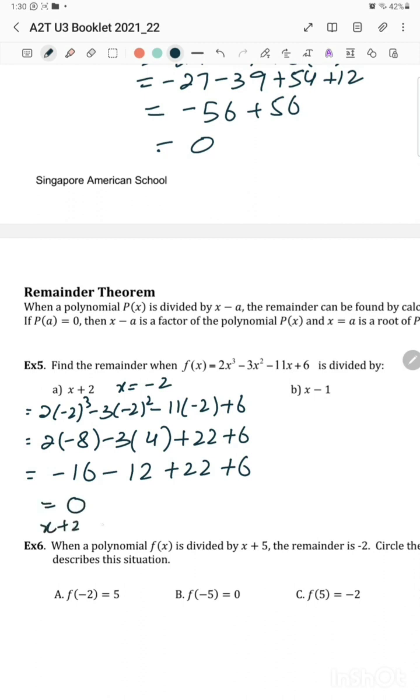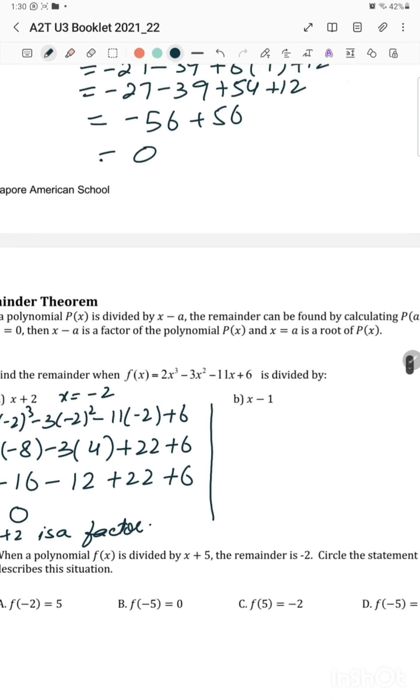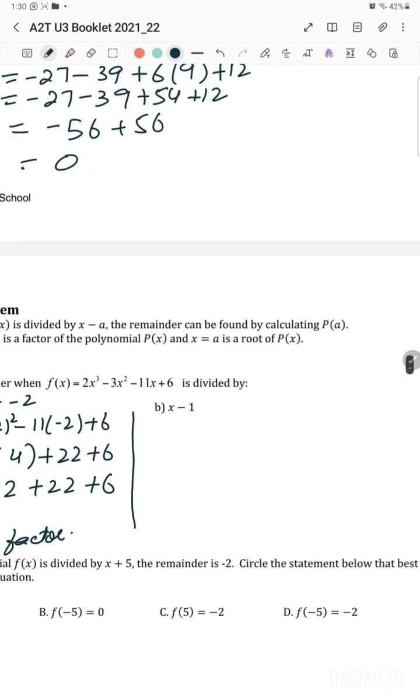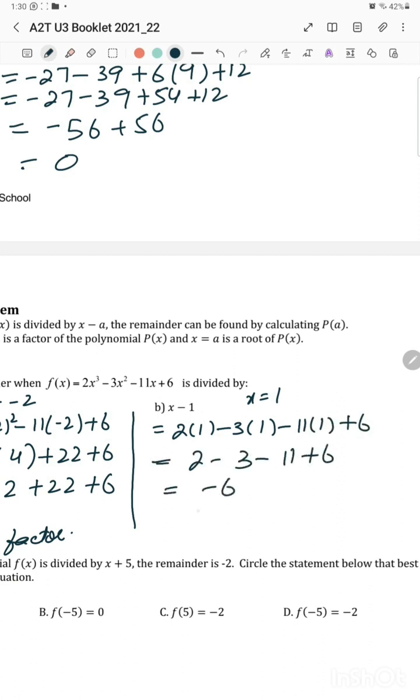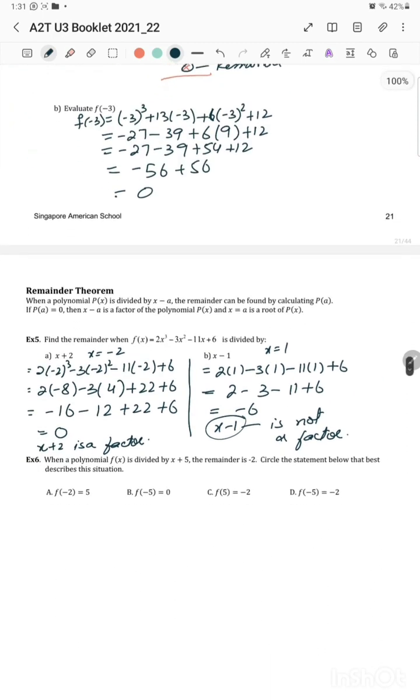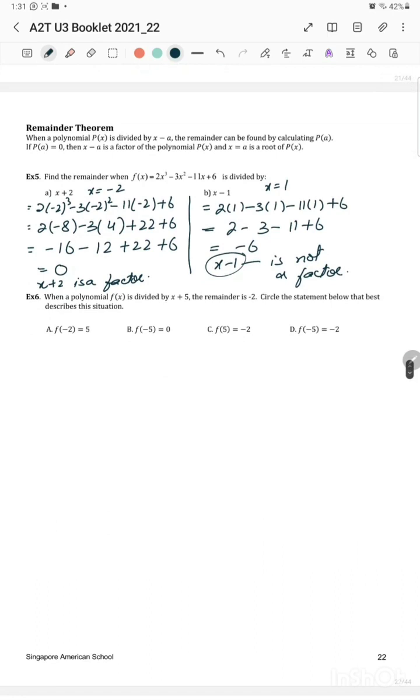If you get 0, then x plus 2 is a factor. When a polynomial f of x is divided by x plus 5, the remainder is minus 2. Circle the statements below that best describe the solution.